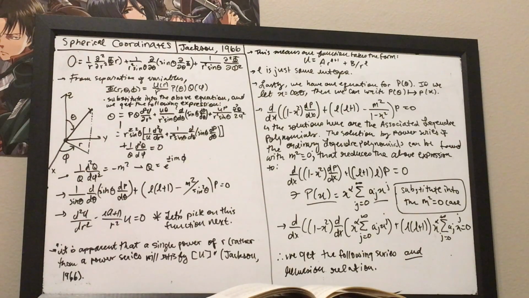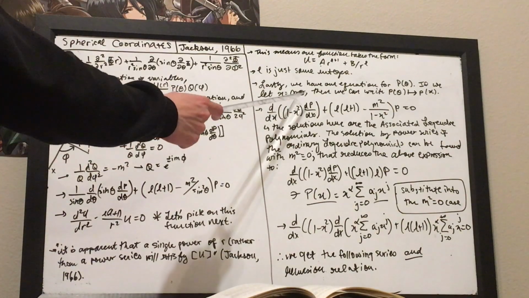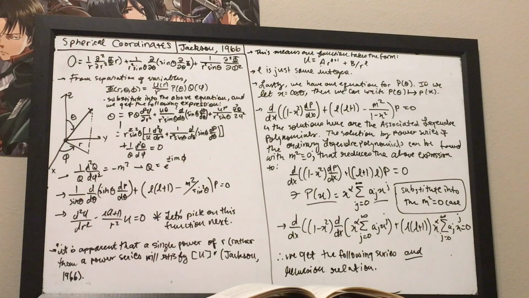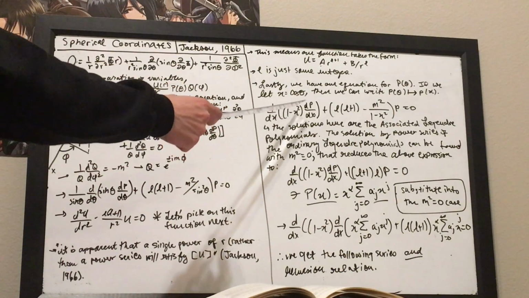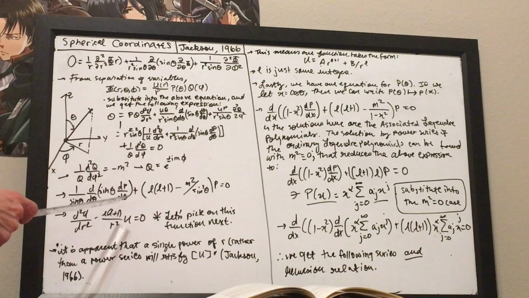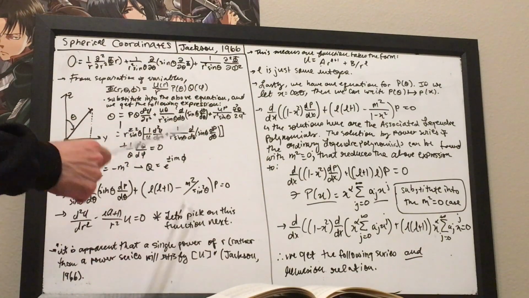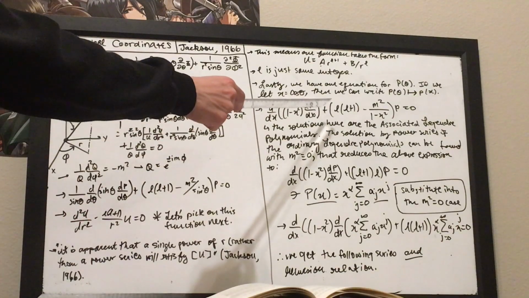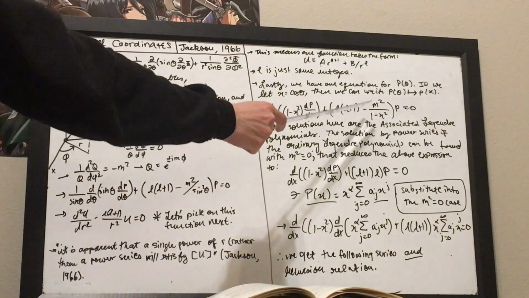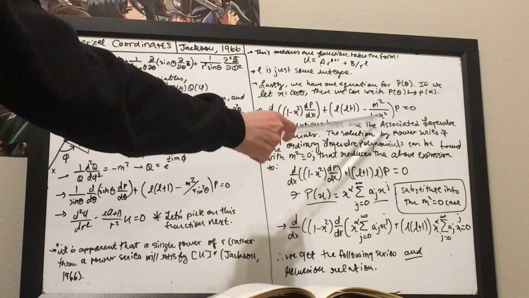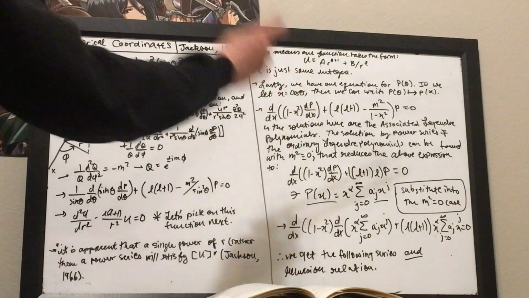Legendre found a neat little trick for solving problems that look like this, and namely in the standard form we would let x equal cosine of theta, and then we plug things back in, and then we can get P as a function of x instead of P as a function of theta, or namely cosine of theta, and we get that the derivative of 1 minus x squared times the first derivative of P with respect to x plus L times L plus 1 minus m squared divided by the quantity 1 minus x squared times P is equal to 0.